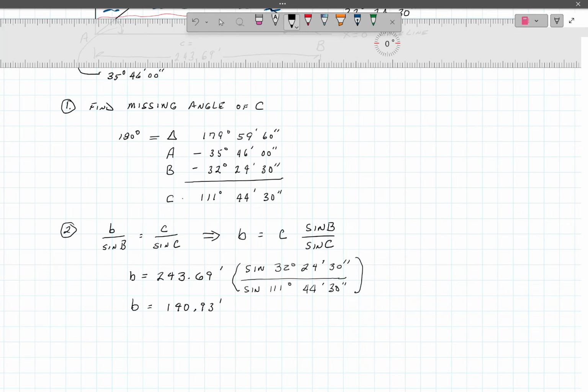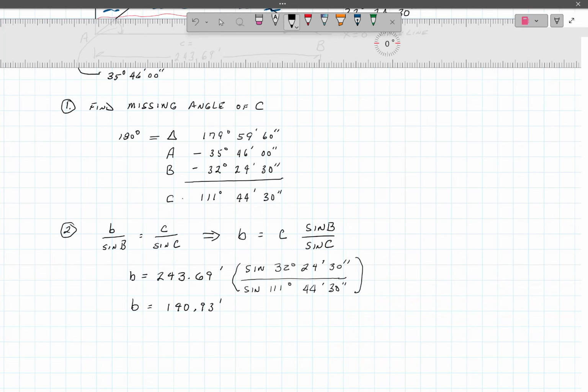Now we can do what's going to go on with A. Okay, and this will give us the coordinates of where the buoy is. Right. All right.